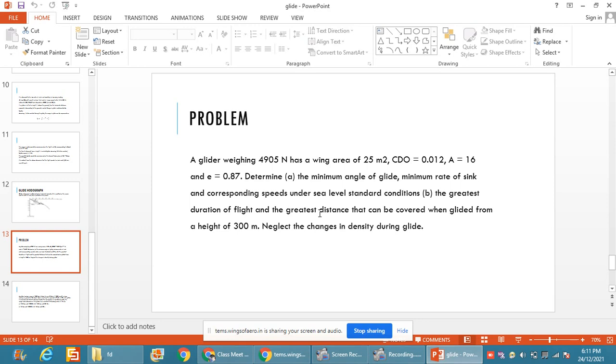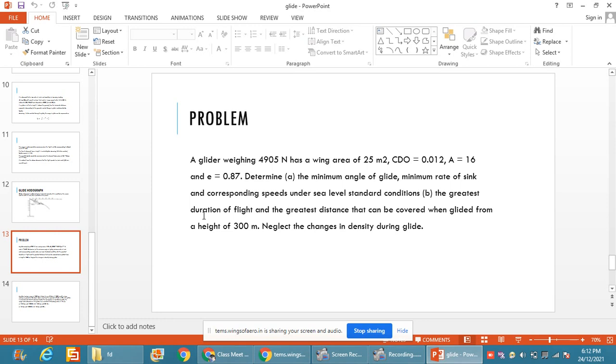A glider weighing 4,905 Newton has a wing area of 25 meter square and its CD0 is equal to 0.012 and aspect ratio is equal to 16 and e equal to 0.87.